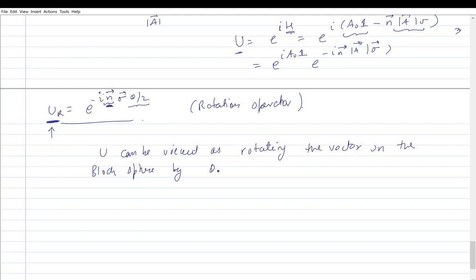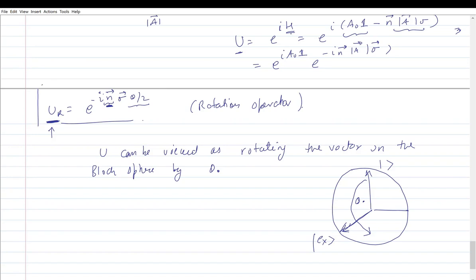So I have some vector, my initial vector, and I'm rotating, let's say, it about the x-axis. This is going to rotate by an angle given by theta, and that operation is going to be given by a unitary matrix.